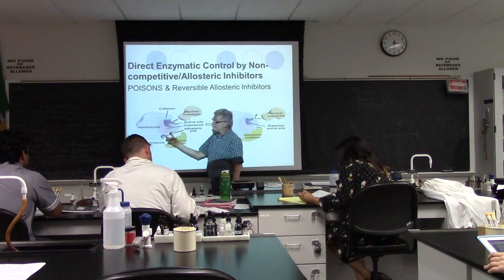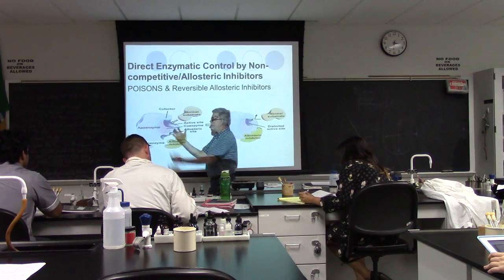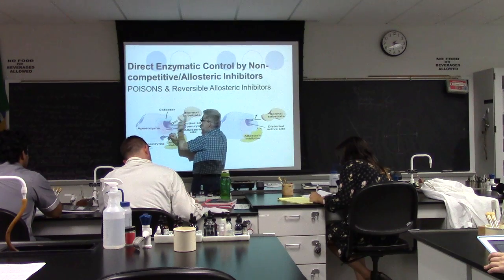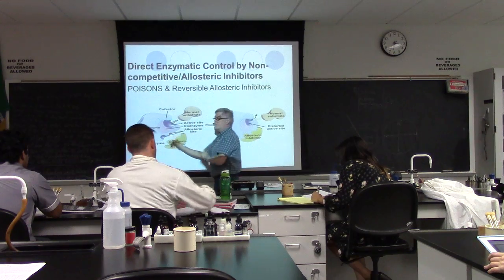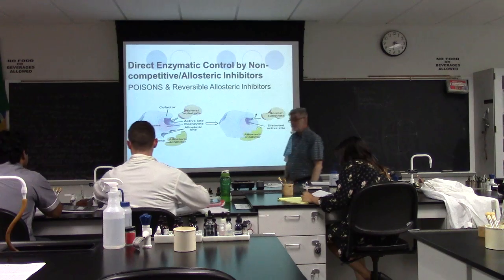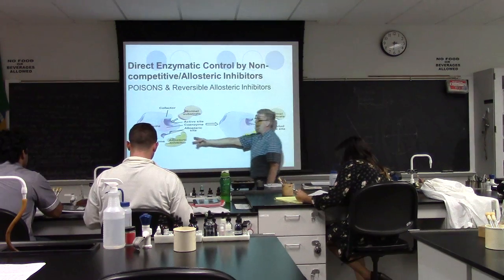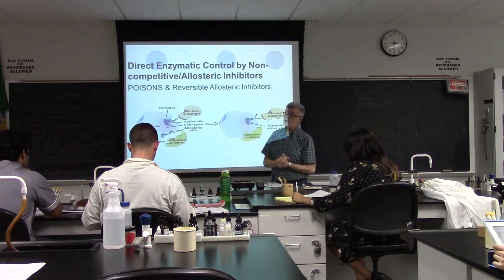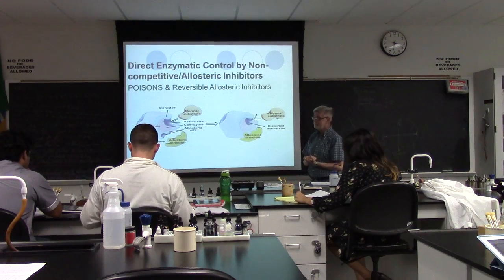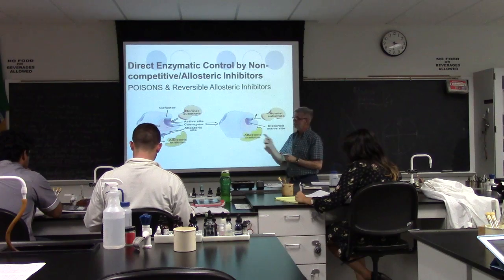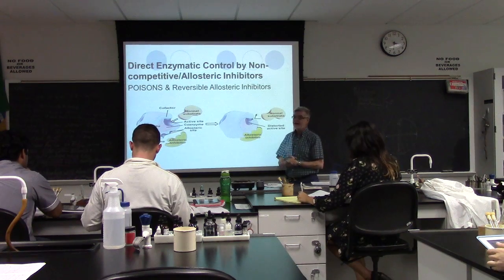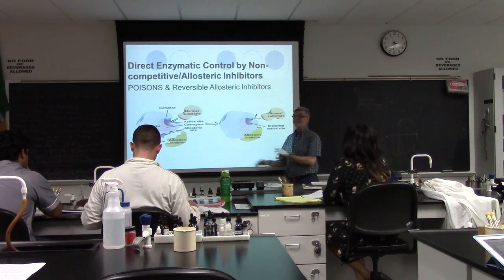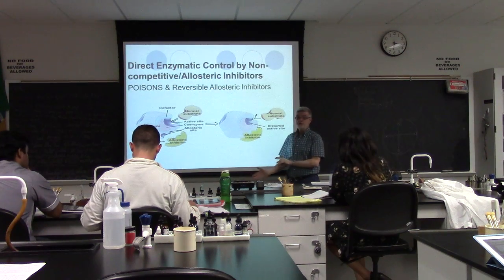Remember, when anything sticks to an allosteric site of an enzyme, it warps the catalytic site and the substrate won't fit. So things that stick to allosteric sites are called non-competitive inhibitors or allosteric inhibitors. Remember, if they stick to an allosteric site irreversibly, they're poison. It poisons the enzyme, denaturing it forever.